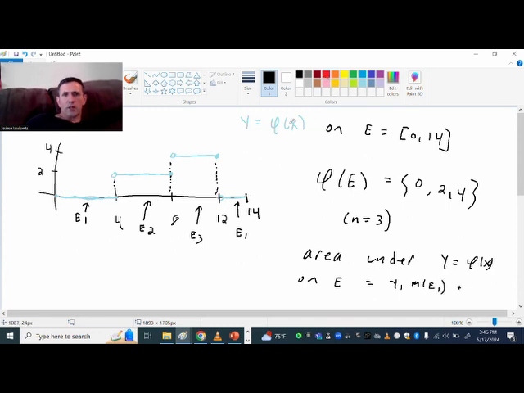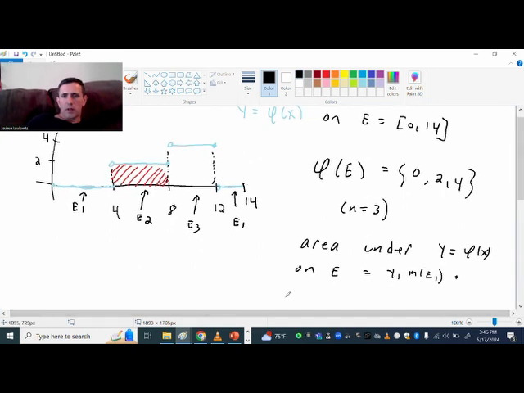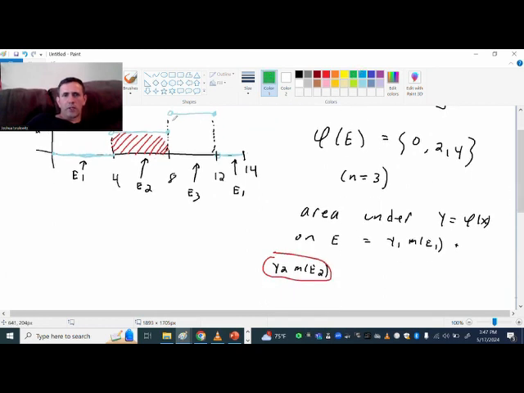Let me do this area in red. And then I'll do this in green. The green here is y3 times the measure of E3.